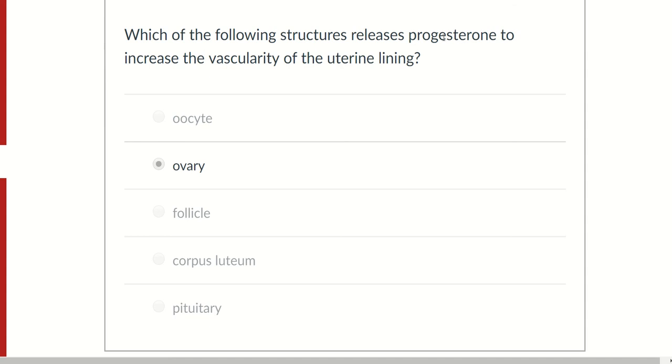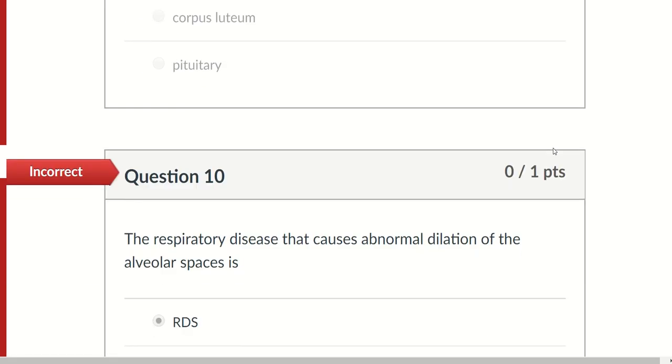Only during fertilization is this structure maintained to release progesterone. So just review. Ooh, 2 in a row.